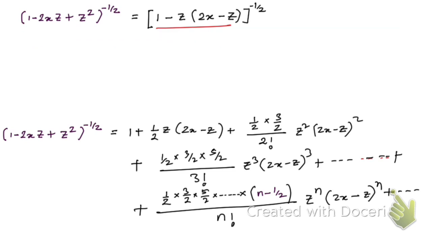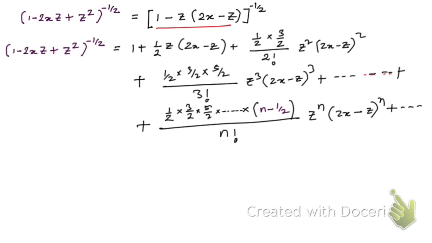Now let me consider this one as equation number 1. Let me consider this as equation number 1. Now you see, what will be the coefficient of x to the power n in this term?